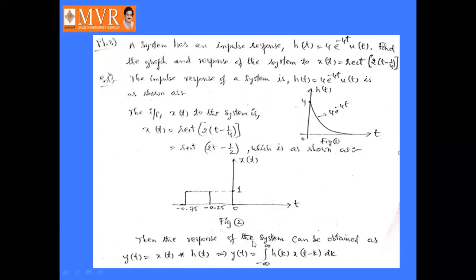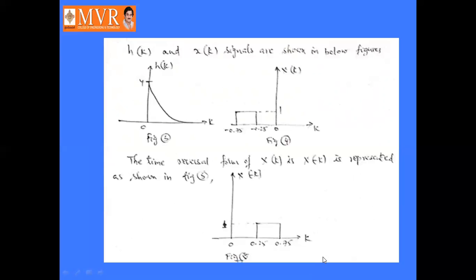In the formula we can write this as the integral from minus infinity to infinity of h of k into x of t minus k dk, right? h of k and x of k signals are shown in the diagram below. So this is h of k and this is x of k. Only thing is t is replaced by k.